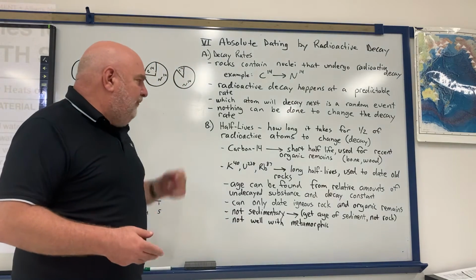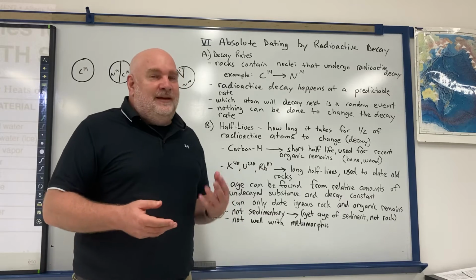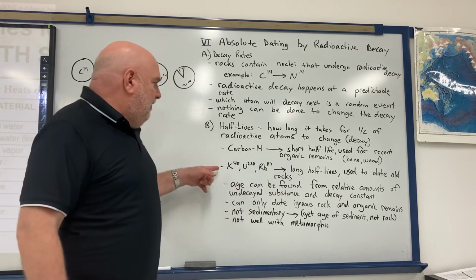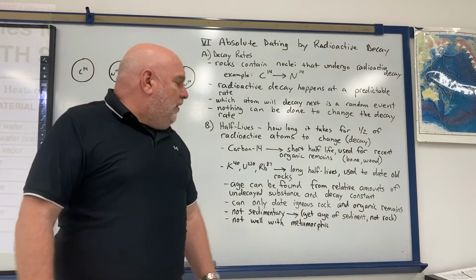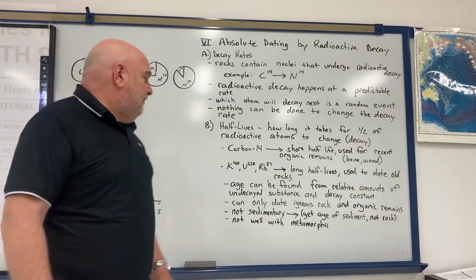So I'd use carbon-14 for that. If I found some igneous rock that I suspected to be 500 million years old, then I might use one of these guys right here. And how you go about doing that, we'll look at in a minute.